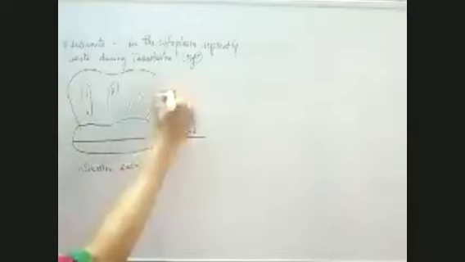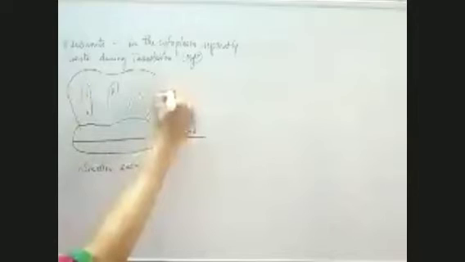Now, as I told you, when this process of translation starts, the initiator codon is always AUG. Suppose this is the initiator codon, it will start. I'll make it here. AUG, the initiator codon. The next other codons are there.